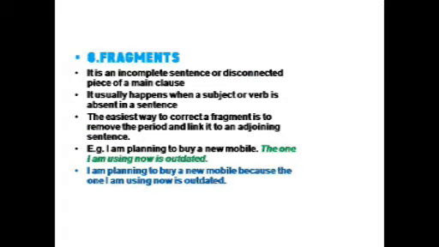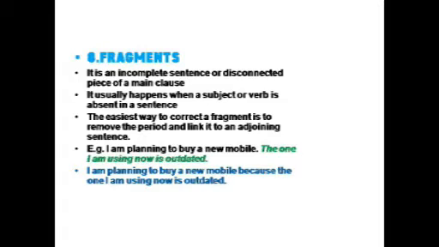Now you will see what are fragments. Fragment means actually a piece. It is an incomplete sentence or disconnected piece of a main clause. It usually happens when a subject or verb is absent in a sentence. So sometimes we can miss out on a subject or verb, then we have a fragment.